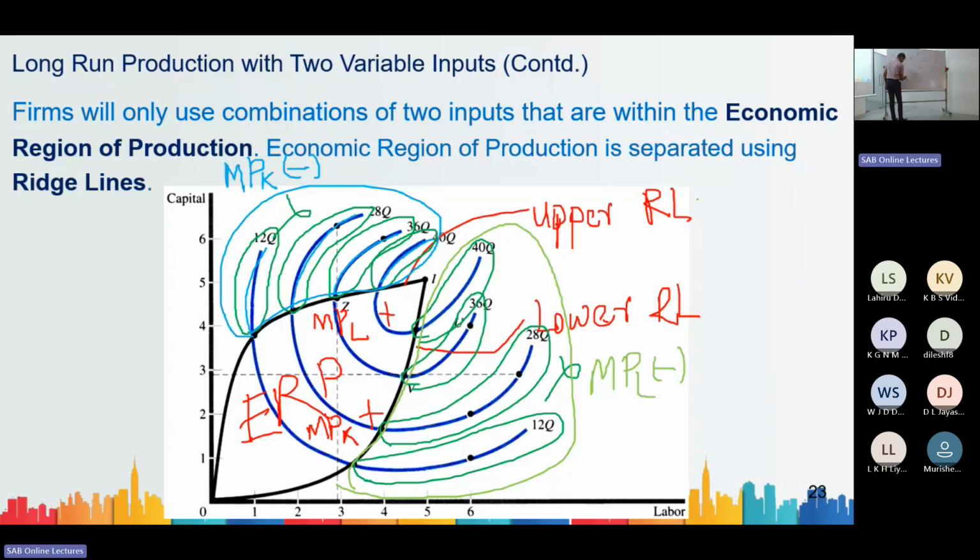So we can combine those 3 points, point D, point E, and point F, and this becomes the lower ridge line.